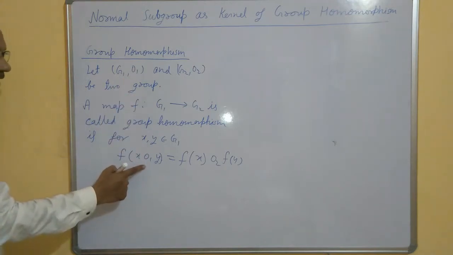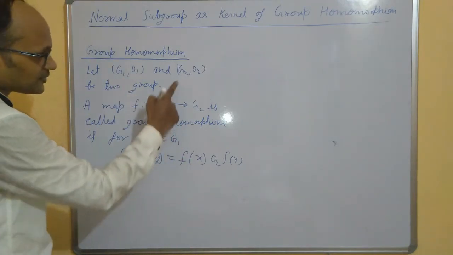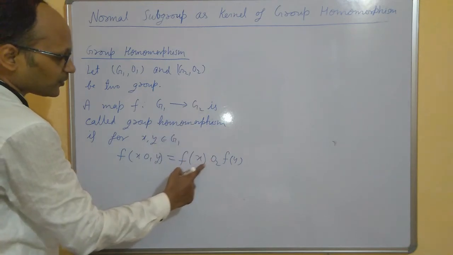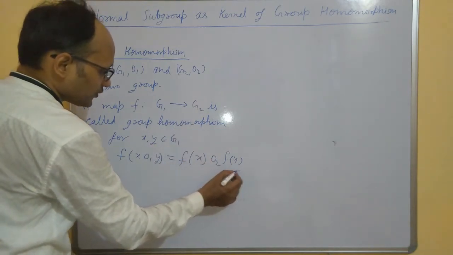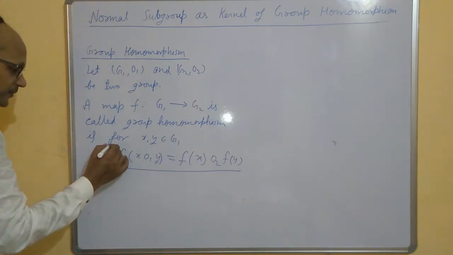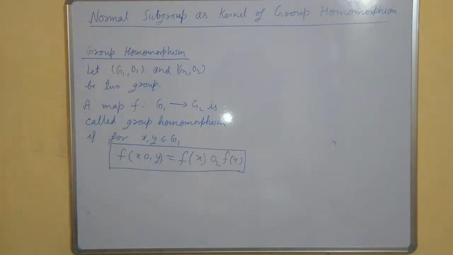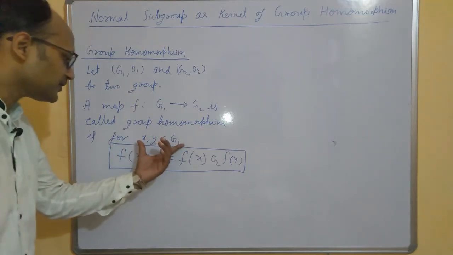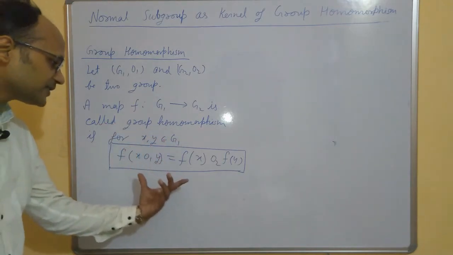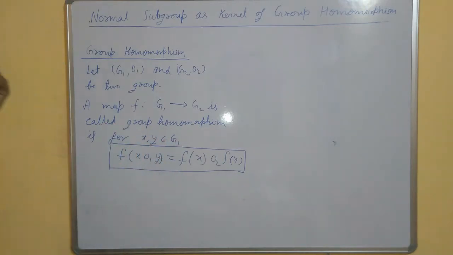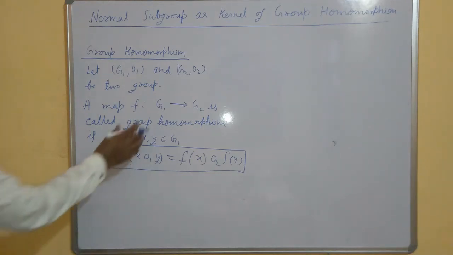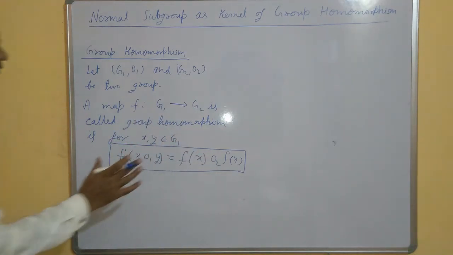in between them, and the image f(x) is in G2 and f(y) is in G2, so the operation in between them is O2. So if this is satisfied for all x, y in G1, then we say that such a map f is a group homomorphism.